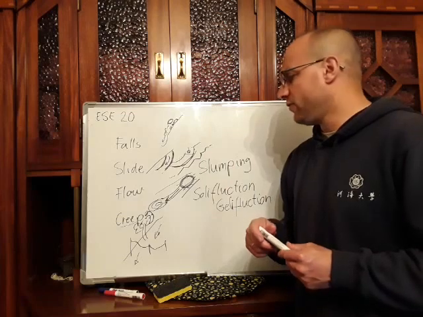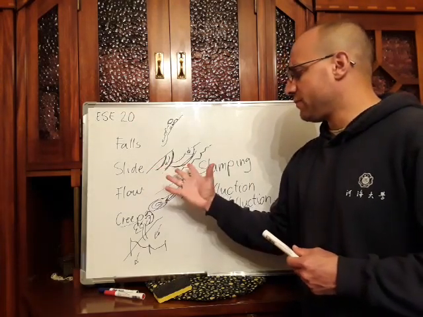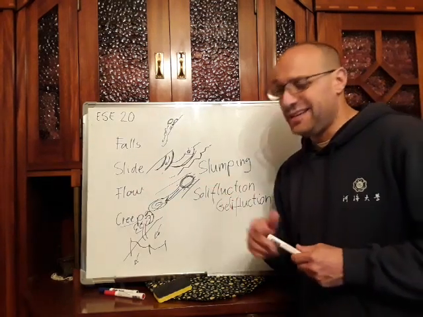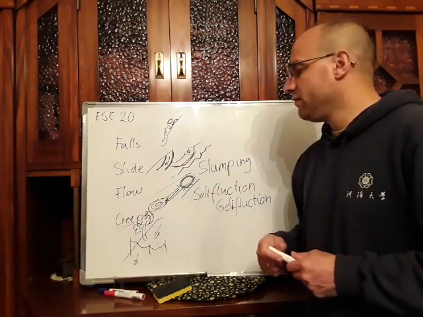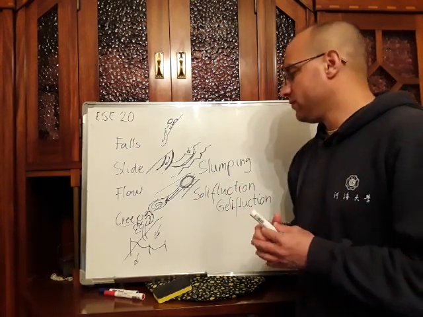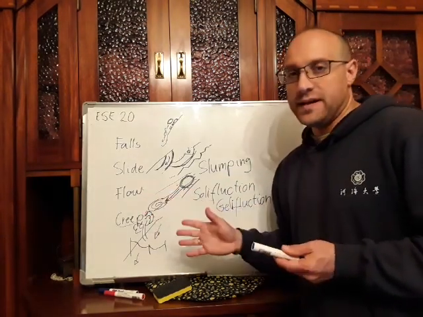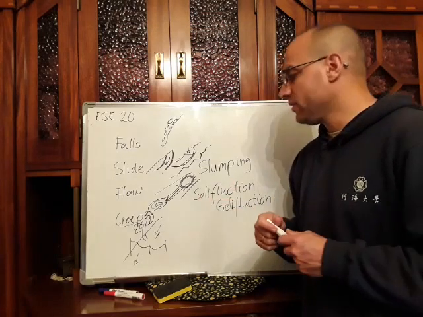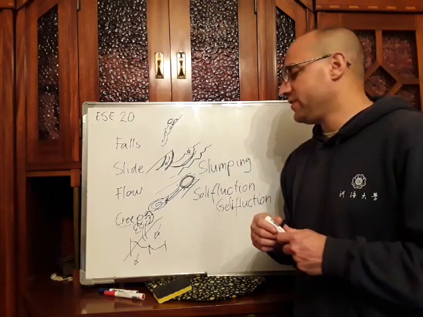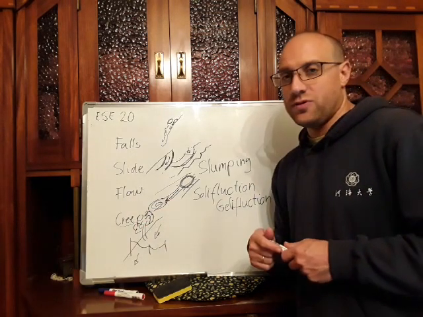Slide would involve some moisture or some water. Flow can be together with a large amount of water. So flow can happen like in the case of a dam failure. Creep, it doesn't really make difference if it's wet or not.